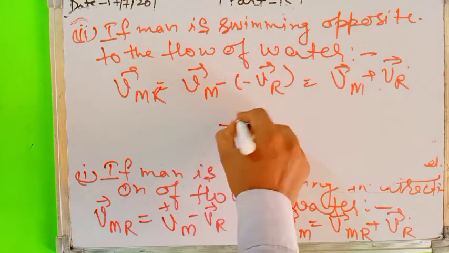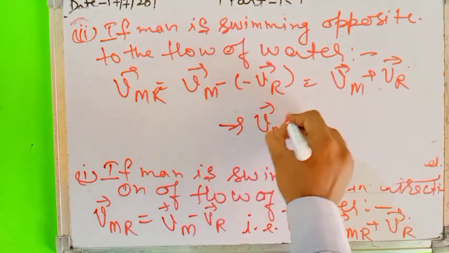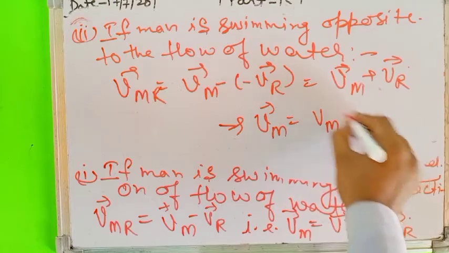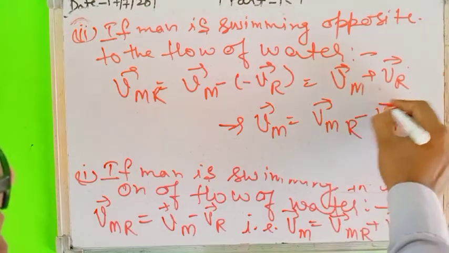And from here, the velocity of man with respect to ground is given as Vmr minus Vr.